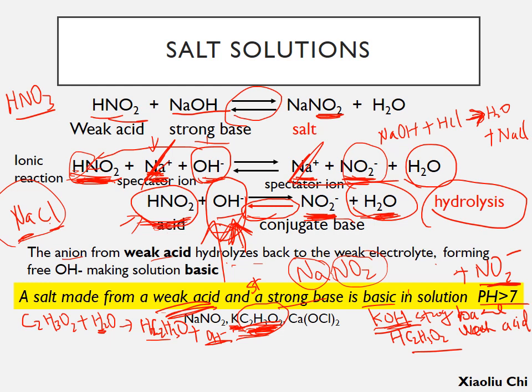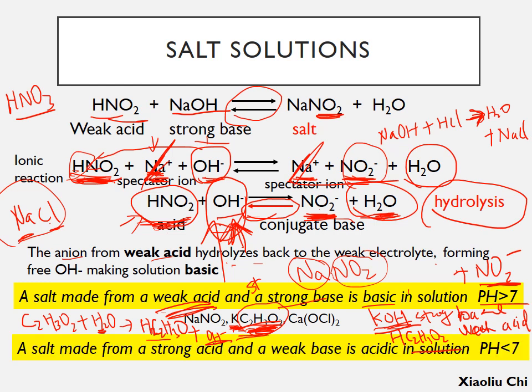Now similarly, we are not going into details, but if a salt comes from a strong acid and a weak base, remember, the stronger one wins. So the strong acid wins, and the solution is acidic. Examples are ammonium bromide and zinc chloride.